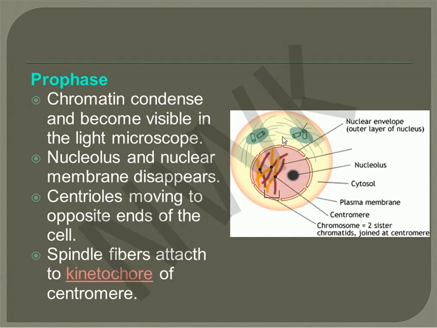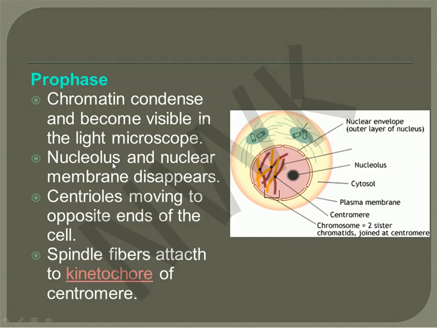The first phase of mitosis is prophase. During prophase, the chromatin starts to condense to become chromosomes. At this stage, the chromosomes become visible. The nucleus and nuclear membrane start to disappear. Why? So that the chromosomes can scatter in the cytoplasm to be aligned by the spindle fibers.